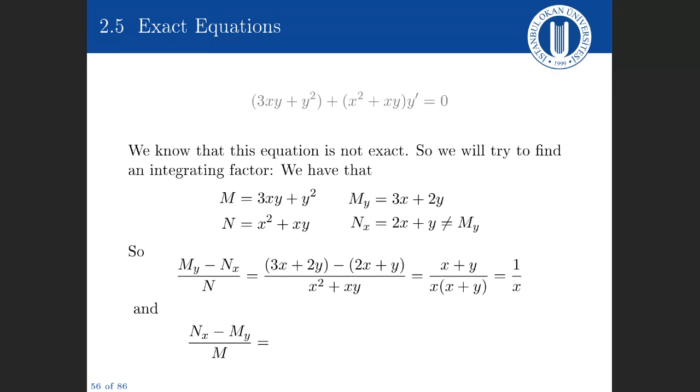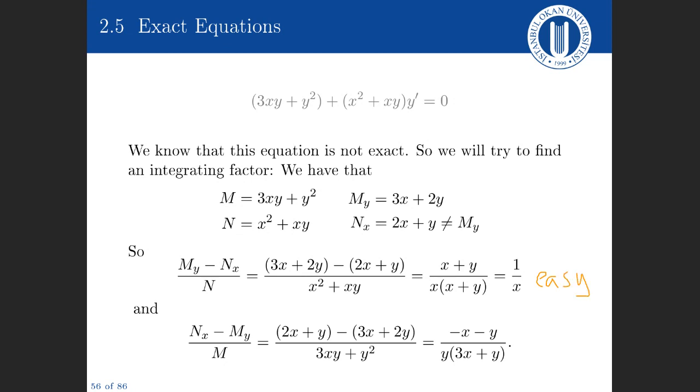The first one, when we substitute in, simplifies to 1 over x. And the second one becomes minus (x minus y) over y(3x plus y). The first one's nice and easy. The second one's not easy. So we're going to be using the first one.